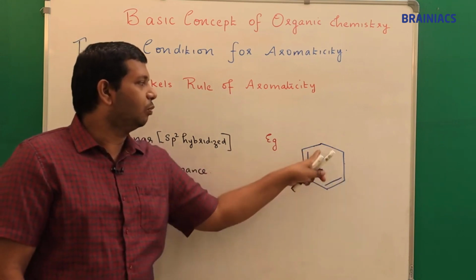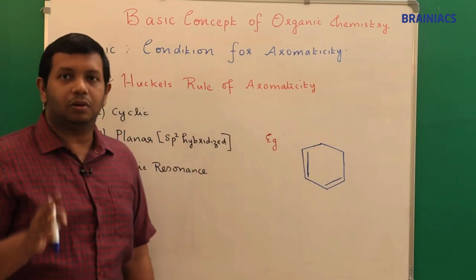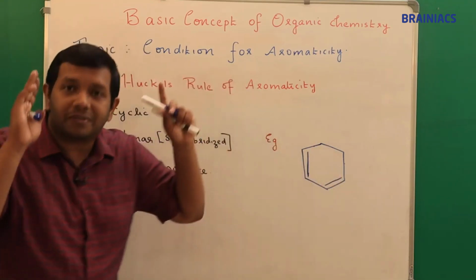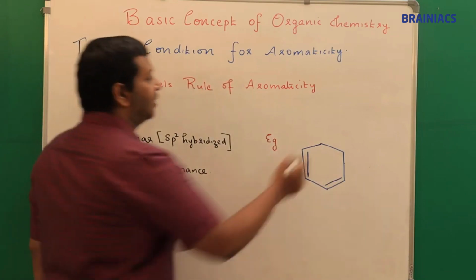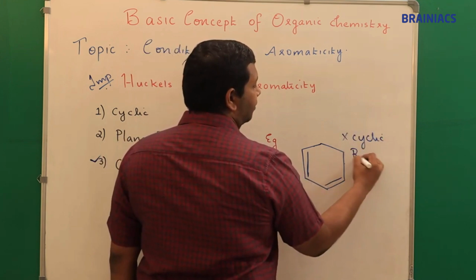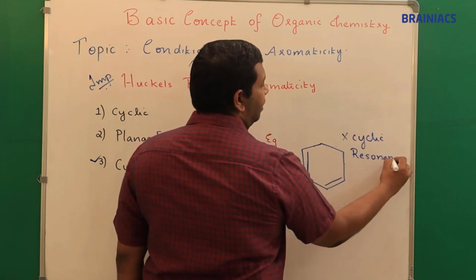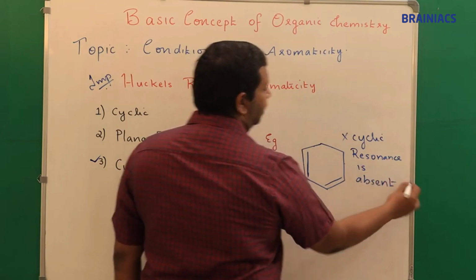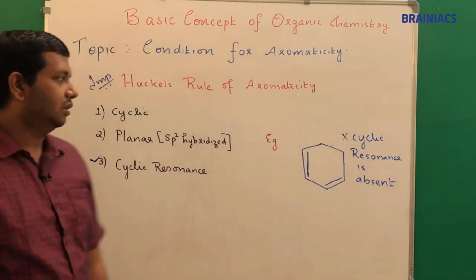It cannot move in this direction. As I told, cyclic resonance means it should be present throughout the cycle, but here it is not present throughout the cycle. So I can say cyclic resonance is absent. Cyclic resonance is absent. Understood?